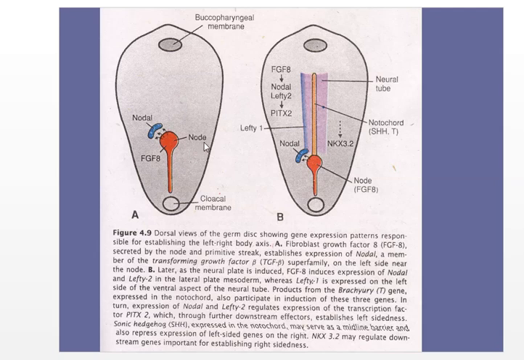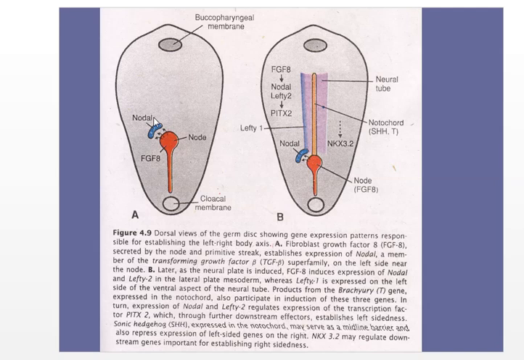Another axis shown in this picture is the left and right axis. As you see here, the primitive streak and the primitive node cells secrete one important factor named nodal, but nodal is limited to the left side. Why is nodal limited to the left side? We have two reasons.